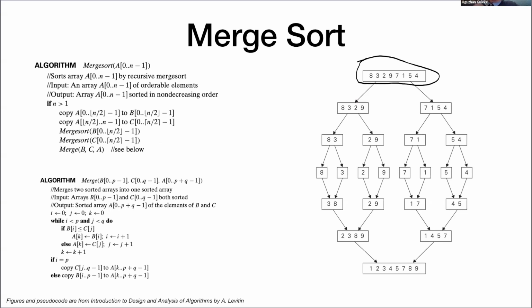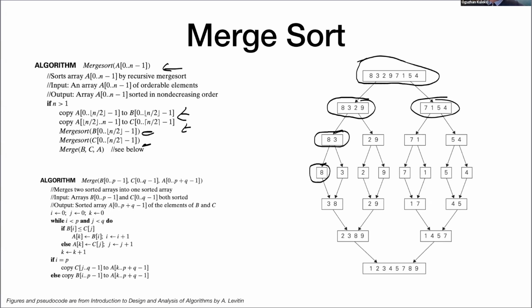So following the pseudocode, I will just copy the first half, and then I will make a copy of the second half, and then I will continue on the left side, and when it finishes, I will continue with the right side. So actually what happens is from here, you come to here, and then from here, you arrive here.